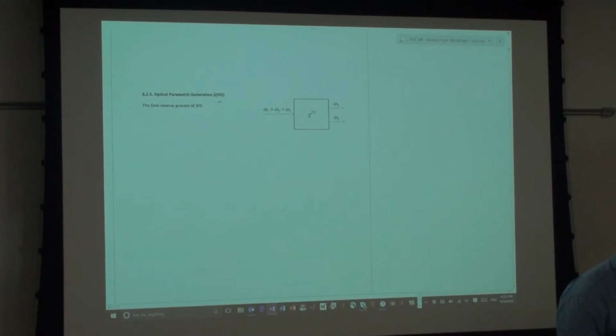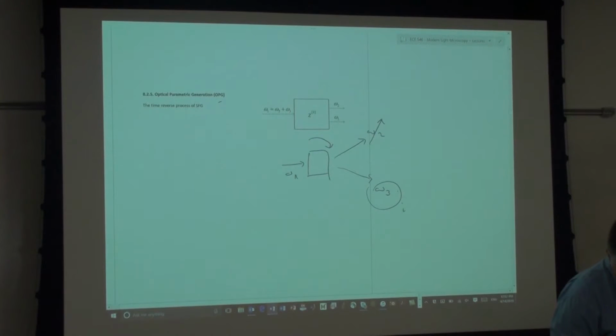So this is what you actually can buy nowadays. It's a commercial thing that you can buy. You have a crystal, you can rotate it, you can put the frequency in, omega 1, and you get out omega 2, omega 3, and they are adjustable.